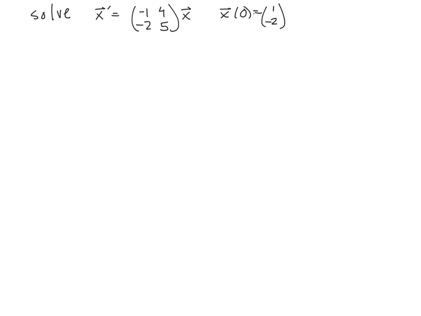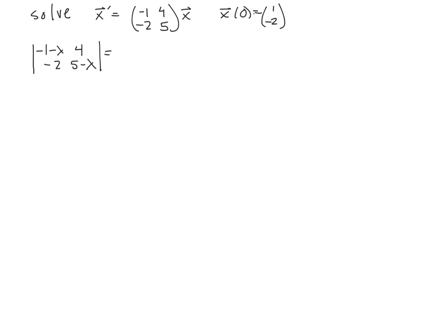Alright, so the first thing it said is to put it into the correct matrix form. We're done. We've got the matrix. Now we need to find the eigenvalues and vectors for that matrix. So we need to find the determinant of A minus lambda I. So I'm subtracting lambda from the diagonal.